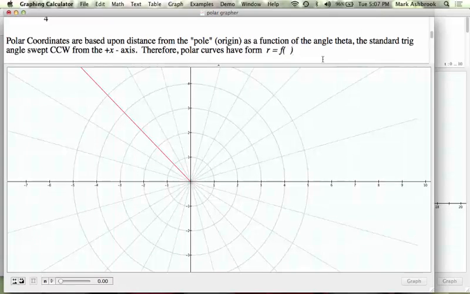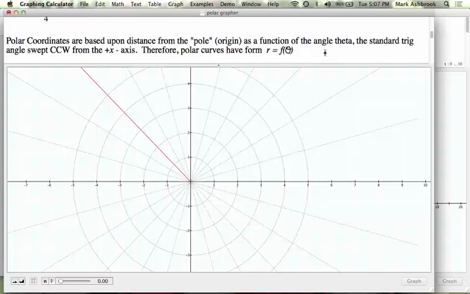R is a function of theta, meaning based on the angle that you swept, some equation or formula will tell you how far you are from the pole at that point.